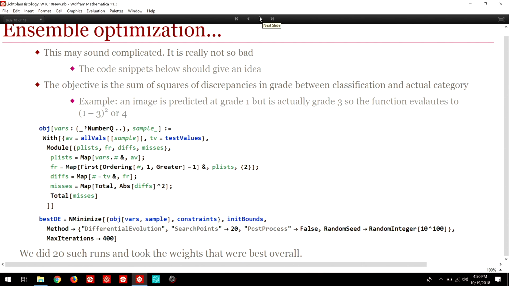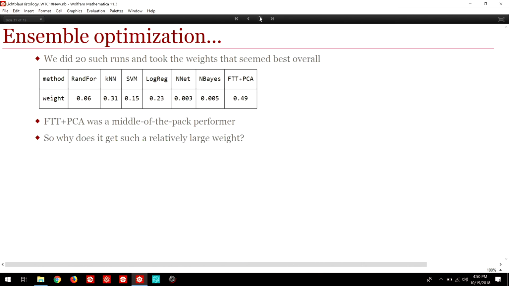Because we want to really penalize errors that are off by 2 or 3 more than errors off by 1, that turned out to be a pretty good objective function to minimize. And we used differential evolution because my experience, at least, and it's fairly extensive, is that it's a fairly robust optimizer when your objective function is discrete valued.